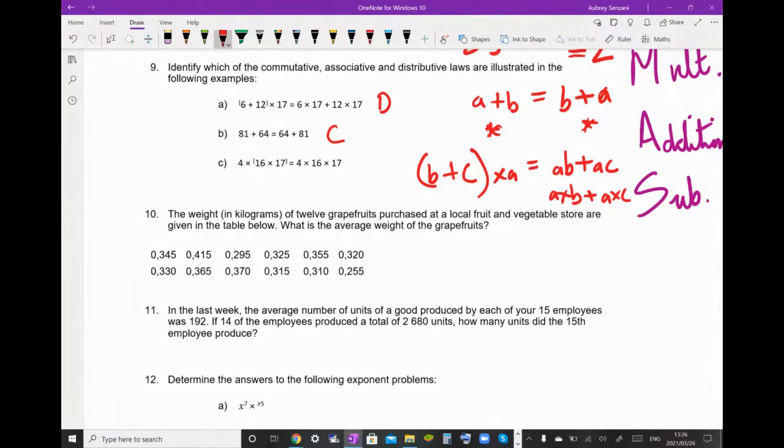Your associative law is one where it's all about multiplication.